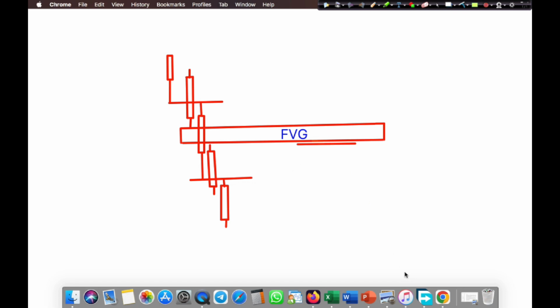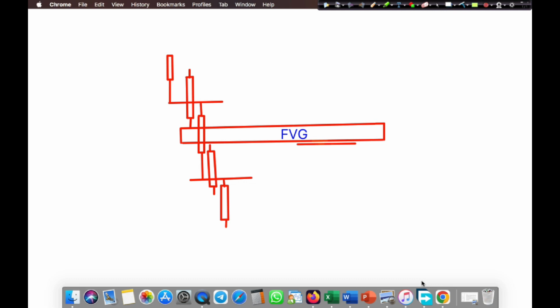That is filling number 2. Or it can come and reach the top, and sometimes it even goes a bit slightly higher and then comes back down. So all those are the various ways through which the market can fill the gap it has left to balance, and then proceed in the downward direction.